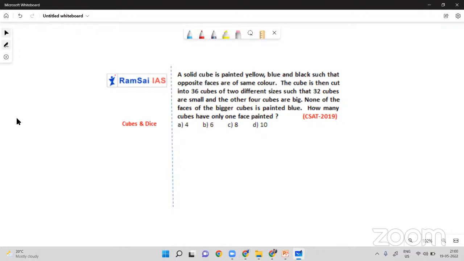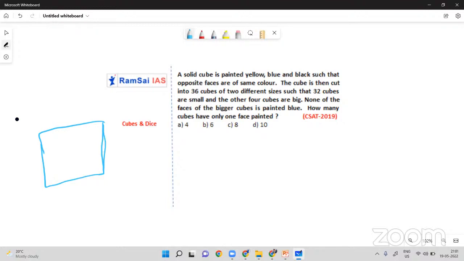Okay, I have a question for you. After this, you can understand. So the question is, this is a cube, right? A solid cube is painted yellow, blue, black, such that opposite faces are same color. That's okay.